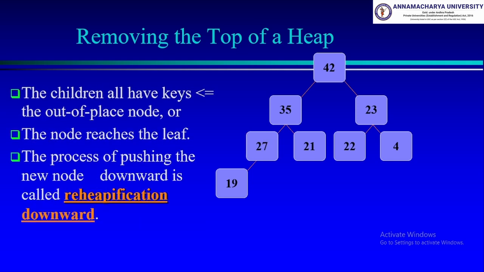This is the final property: after removing the root node, the children all have keys less than or equal to the out-of-place node, or the node reaches a leaf. The process of pushing the new node downward is called reheapification downward.